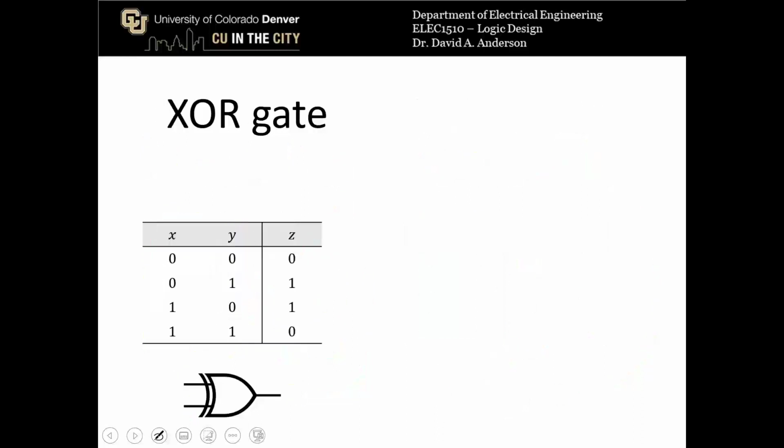The last gate that I'm going to talk about is the XOR gate. This means exclusive OR. The XOR gate is kind of a weird one that's constructed out of other smaller gates, essentially.